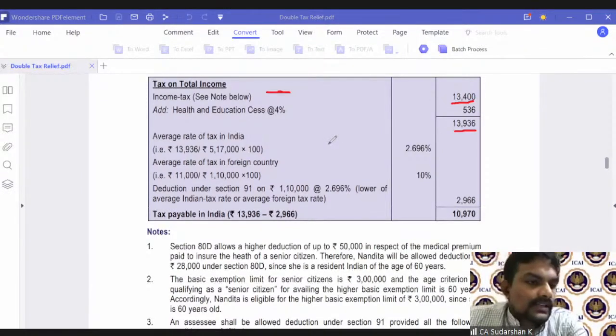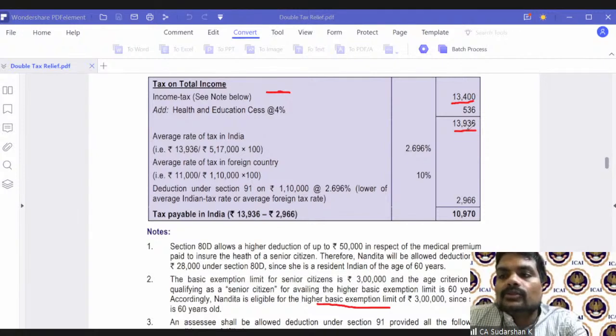Again, I don't need to spend time on how you arrive at 13,400. Simple slab rate computation. Please do watch out that she is 60 years old. So read the question properly, so that way you'll get a higher basic exemption limit. So her final tax payable in India comes to 13,936.